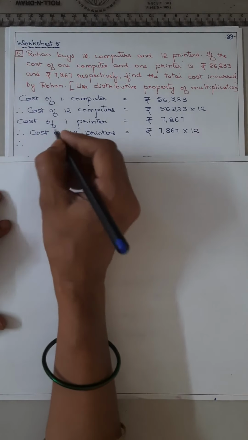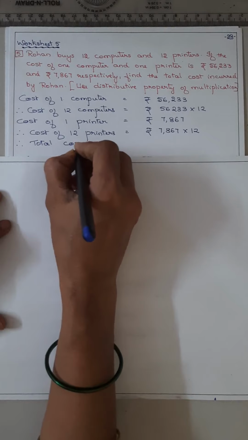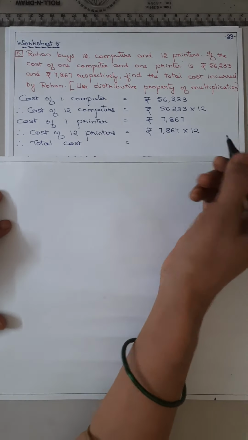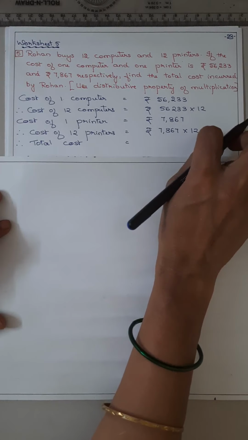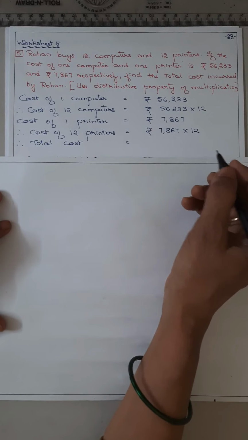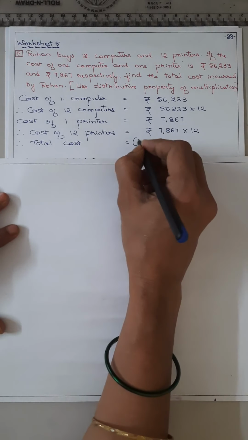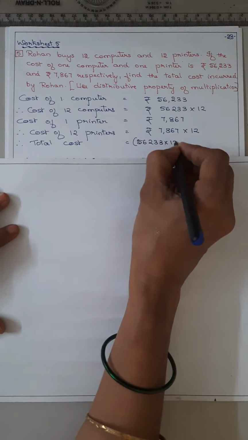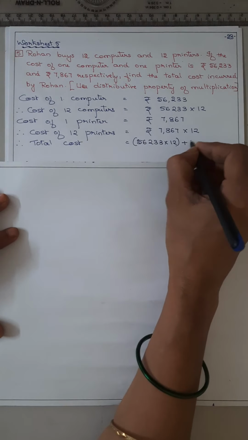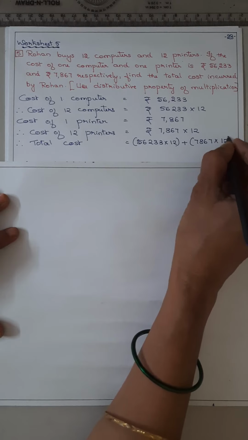Now they have asked the total cost. Total cost incurred, that is the cost of 12 computers plus the cost of 12 printers. That means what we will do? 56,233 into 12 plus 7,867 into 12.